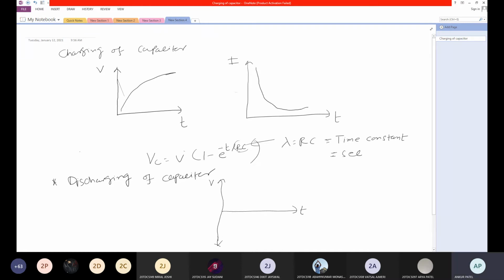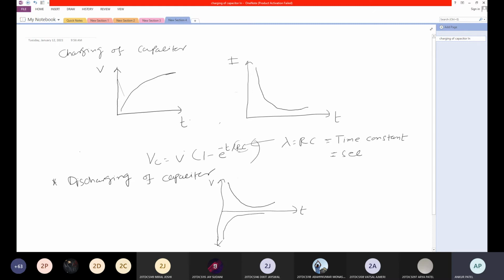So current is maximum but negative. Suppose we have negative 1 or 2 ampere, then it goes to 0. Negative to 0 means it is increasing. So here the voltage graph you will get like this, it gradually decreases, and the current is at maximum negative value, but it is going to become 0.